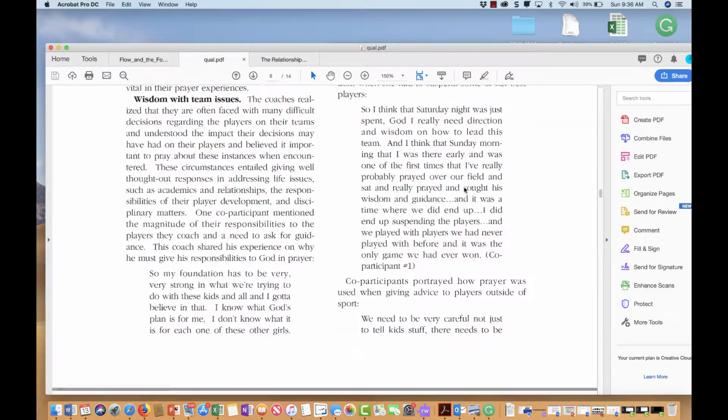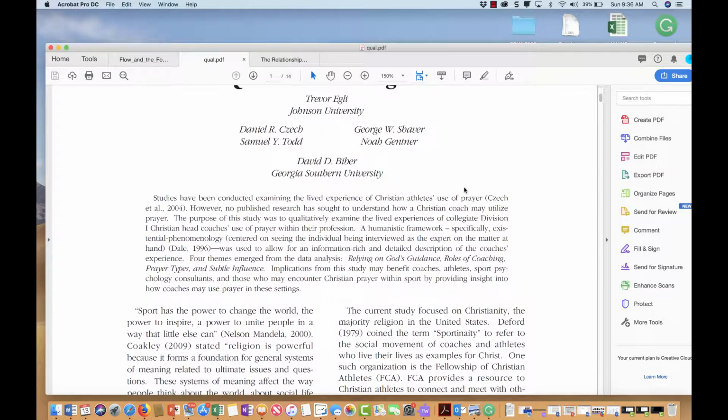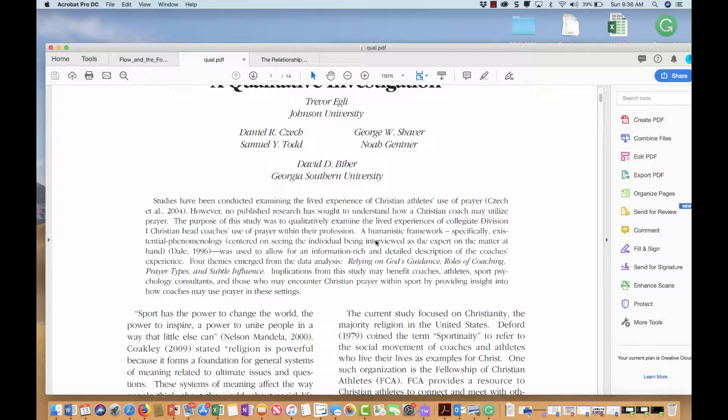Now the key thing in understanding qualitative is, as you're reading, there generally will not be any numbers up here, but you're going to go through and look for the word interviewed. You're going to find that in there, or you're going to see an interview guide, or something of that nature, where they're not doing a survey, they're doing an interview.